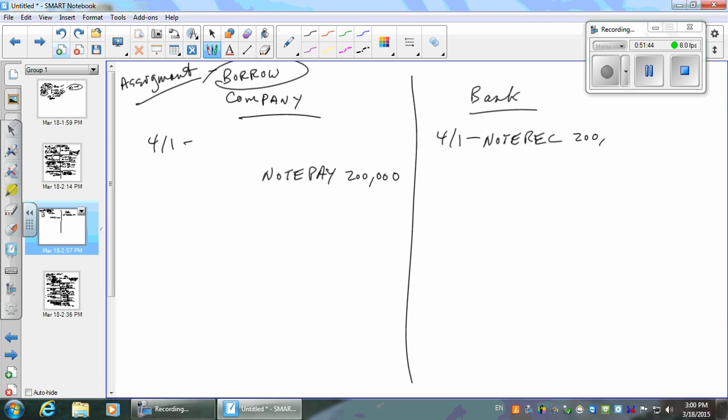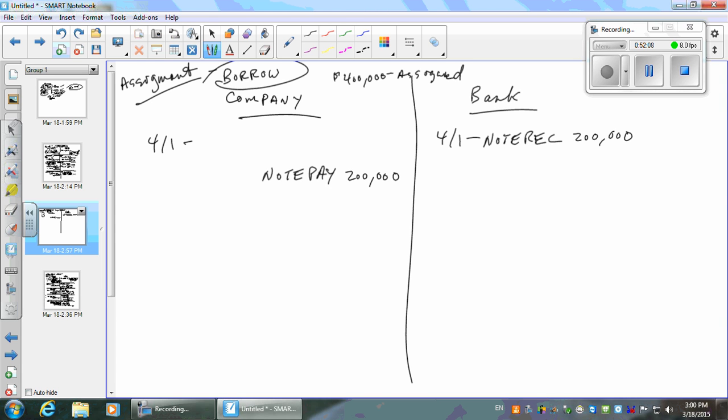And 400,000 of accounts receivable is assigned for a $200,000 loan. You guys good? So the note payable or note receivable is 200,000.